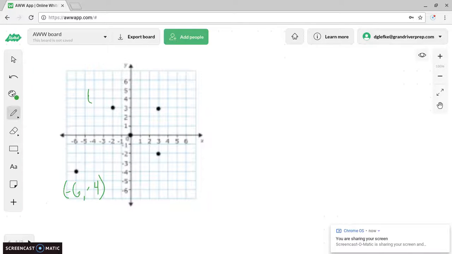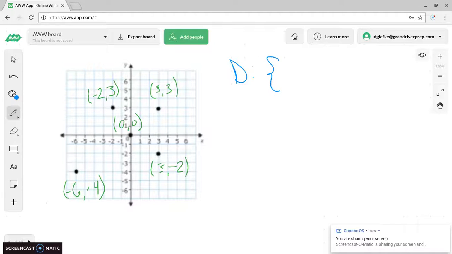Then we're going to go up here. This one is -2, 3. This one is 0, 0. This one is 3 comma 3 and 3 comma -2. So we're going to go ahead and start with our domain.